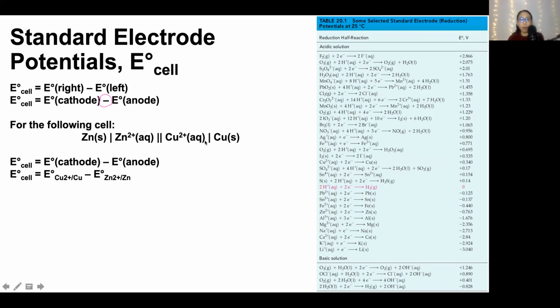And we have the copper cathode. Okay, so again, in our anode, we have the zinc solid getting oxidized to zinc ion. So this is in our anode. And then in our cathode, we have your copper 2 ions being reduced to solid copper.